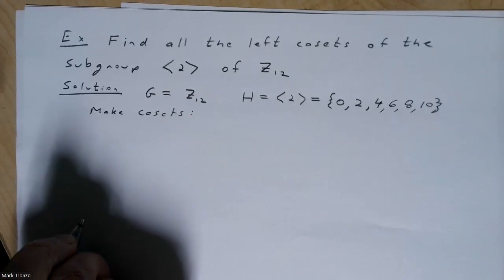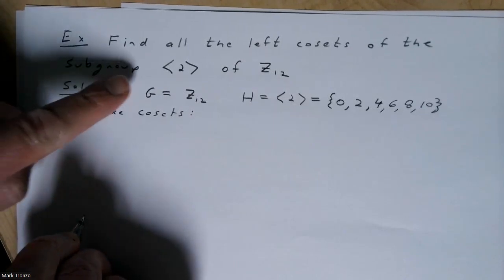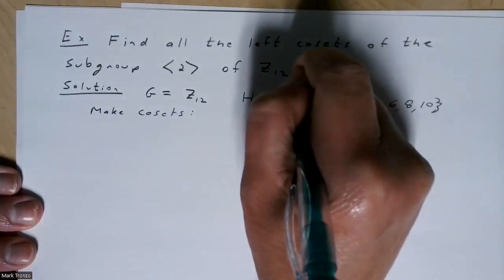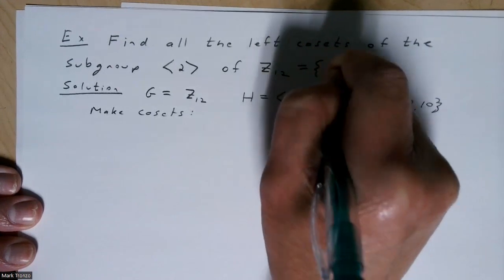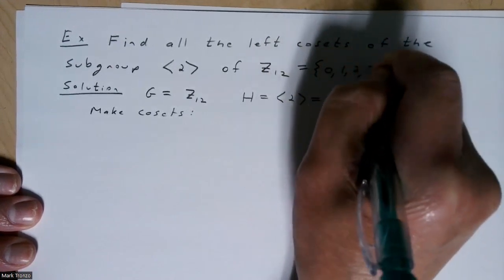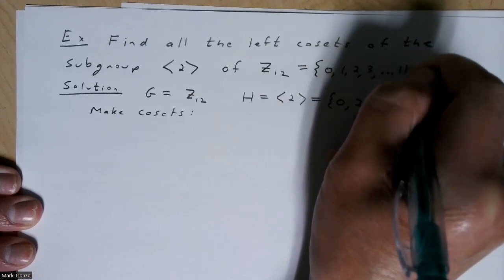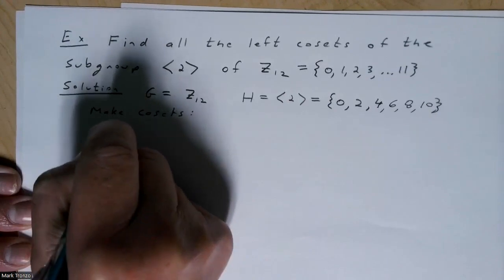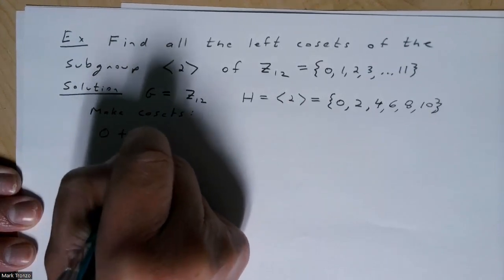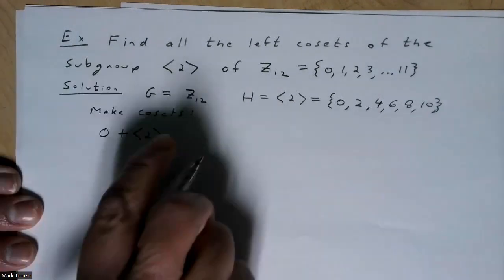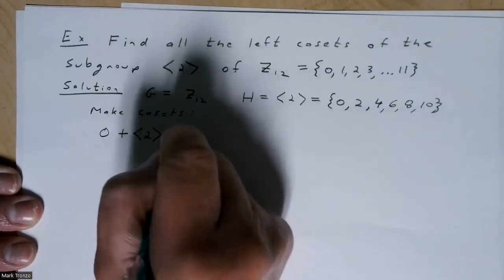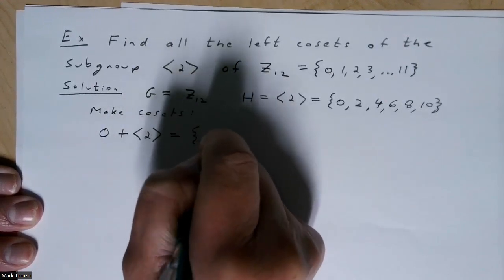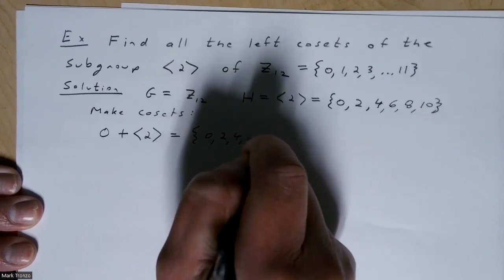And so we'll take each element of Z12. And you remember what Z12 is? It's going to be 0, 1, 2, 3, up to 11. So we'll take each of the numbers here. The first one, if we add 0 to our subgroup, again, we're assuming addition is the binary operation, we're just going to get our subgroup back, of course.